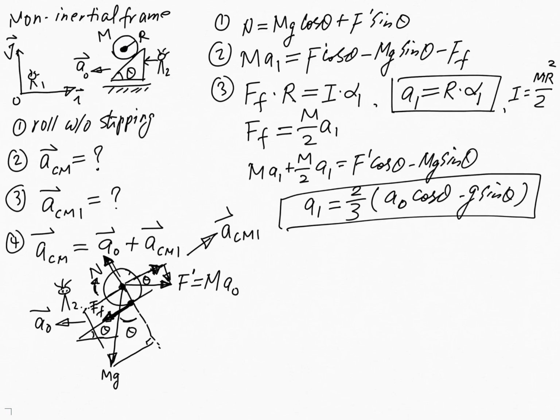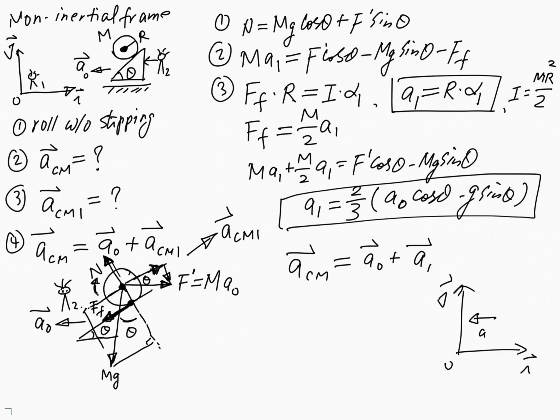Now if we go back to the original one, the center of mass acceleration with respect to the first observer, or inertial frame, should equal A0 plus A1. This is i, this is j, this is O, so this is A0 and this is A1, and this is the slant surface of angle theta.